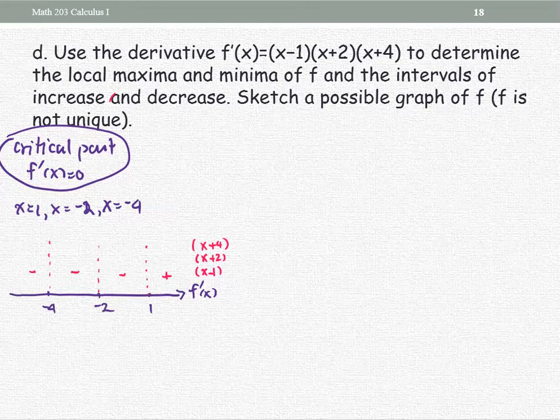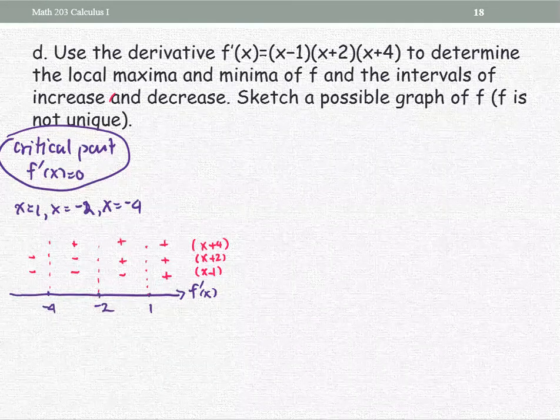For x plus 2, a number greater than negative 2 makes this factor positive. A number less than negative 2 makes this factor negative. For x plus 4, in a similar way, a number greater than negative 4 gives a positive sign, and the left side is negative, for numbers lower than negative 4.